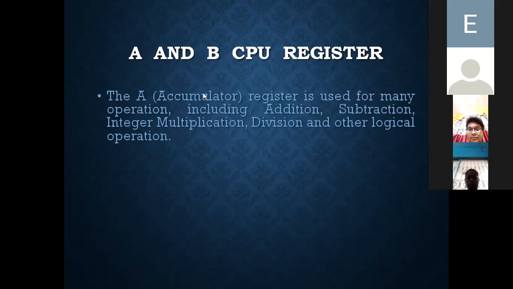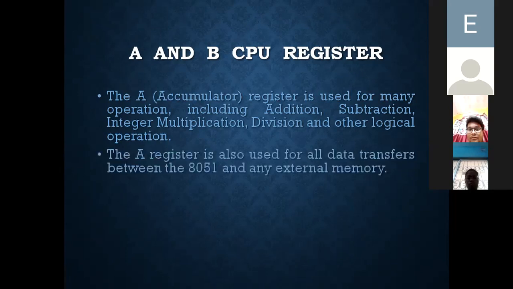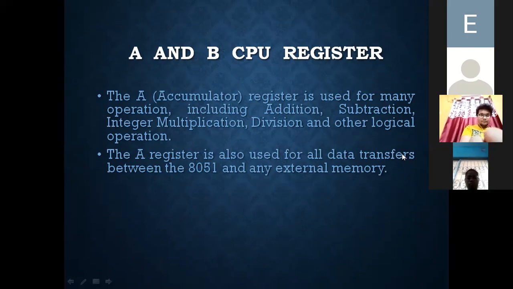You can see the accumulator register is used for many operations, including mathematical operations like addition, subtraction, integer multiplication, division, and logical operations like OR and exclusive OR. Now this accumulator or A register is used for all the data transfers between the 8051 and any external memory.